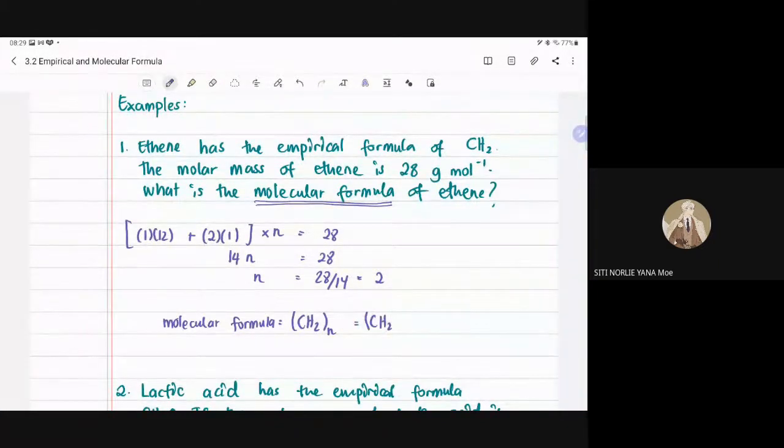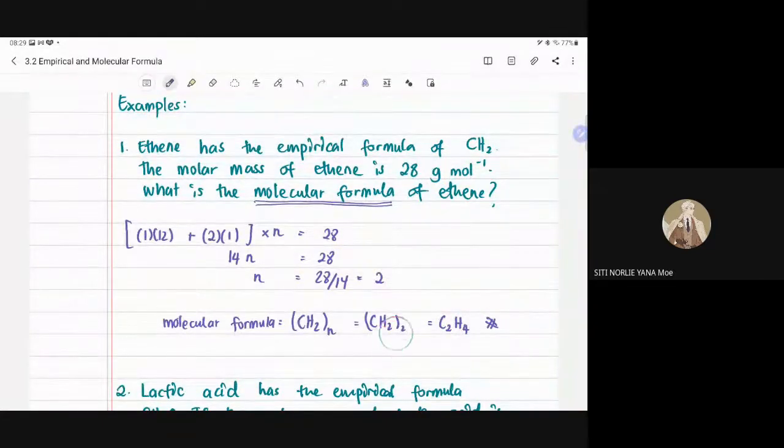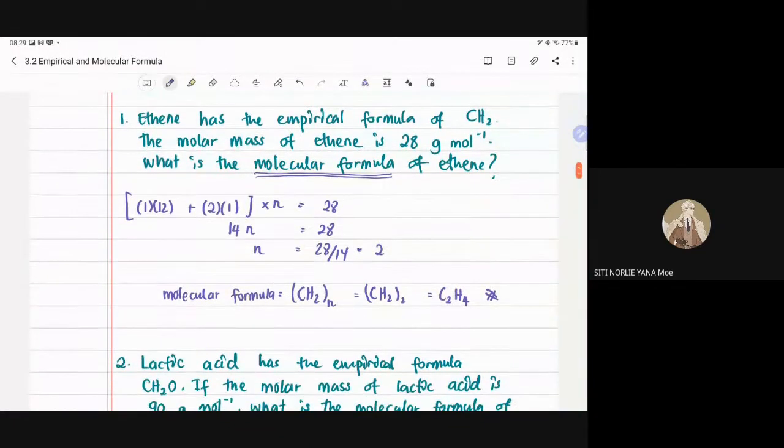CH2 bermaksud molecular formula dia bersamaan dengan C2H4. Okay, kita darab saja. 2 masuk dalam, 2 darab 2 dapat 4. So we get the answer here.